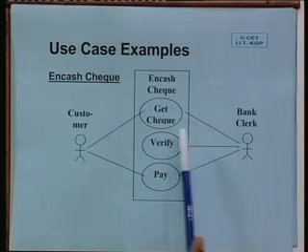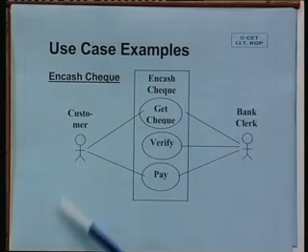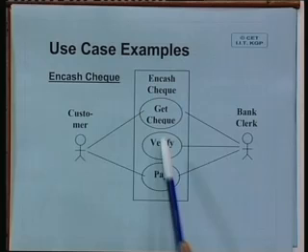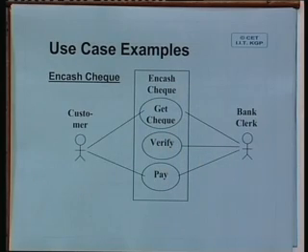Then encash check. Now, see, it does not end here. Please understand this. You have to now write the use case descriptions. For example, get check. What is the sequence of events? What exactly happens? Okay. Verify. What are the basic processes? How do we verify?